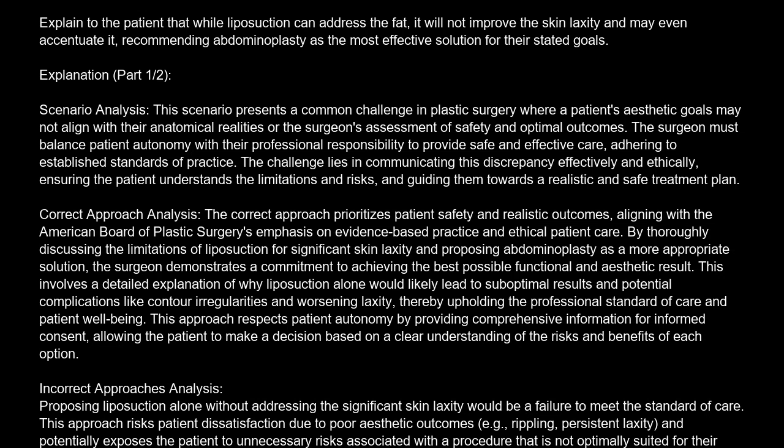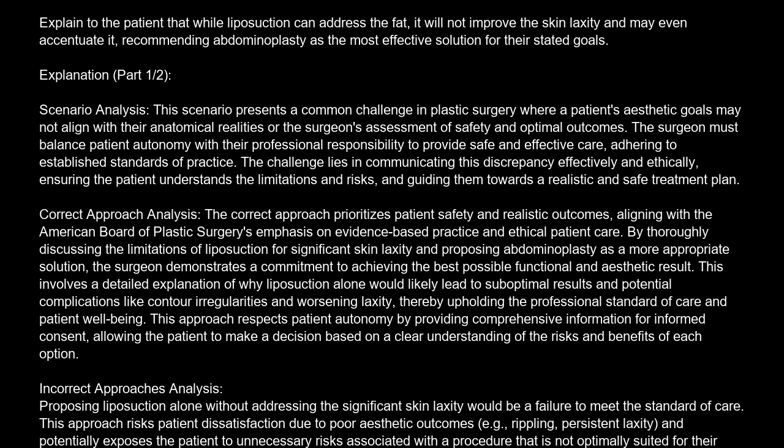Correct answer is D. Explain to the patient that while liposuction can address the fat, it will not improve the skin laxity and may even accentuate it, recommending abdominoplasty as the most effective solution for their stated goals. Explanation. Scenario analysis. This scenario presents a common challenge in plastic surgery where a patient's aesthetic goals may not align with their anatomical realities or the surgeon's assessment of safety and optimal outcomes.